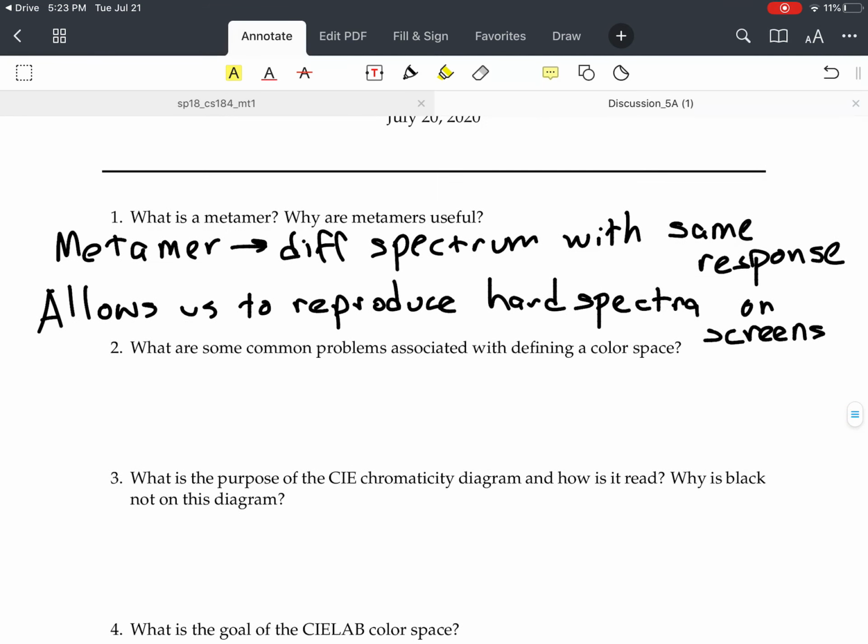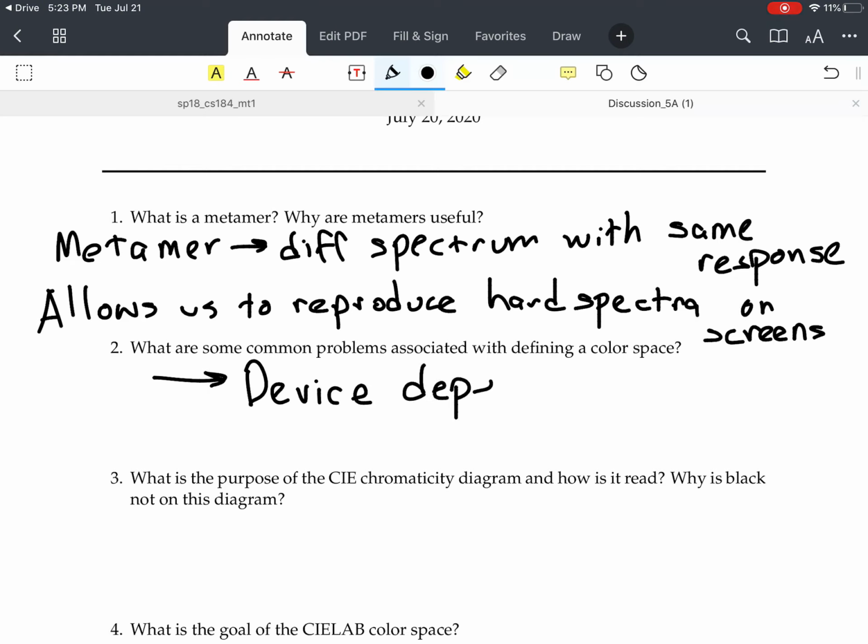So what are some common problems associated with defining a color space? A color space is basically the range of colors that something can show, a display, a screen, TV, whatever it is. One of the biggest problems is that it's device dependent.